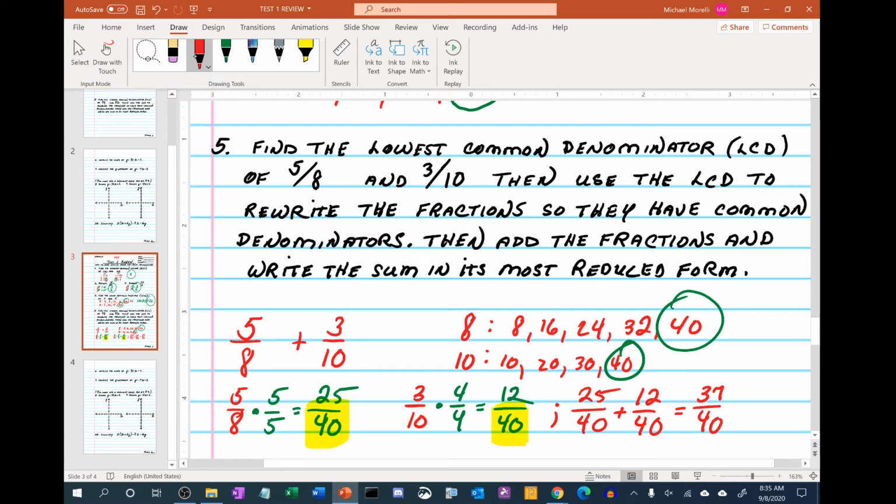And 37 is a prime number. It has no factors other than 1 and 37. 40 is not prime, but they have no common factors, so that's the answer, 37 over 40.